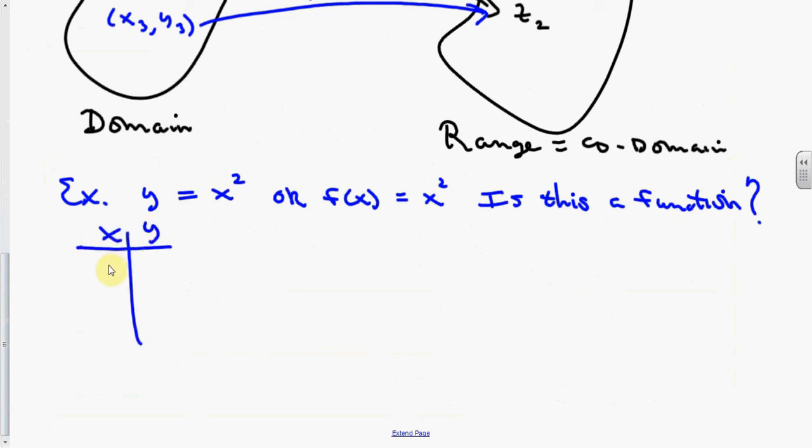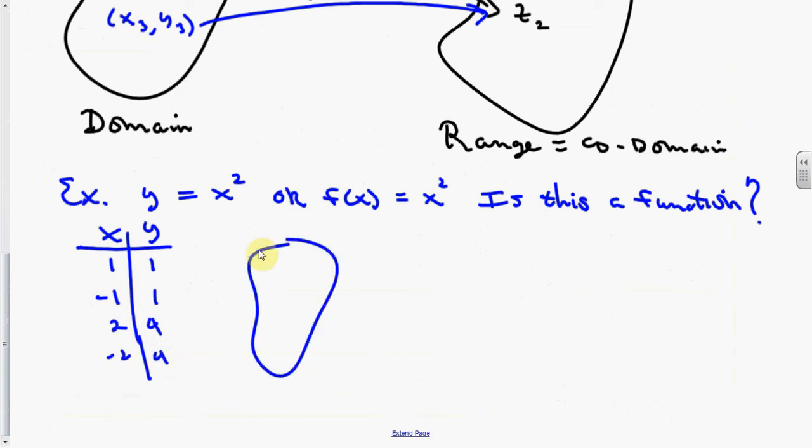If, say for example, you take x to equal 1, we get 1 here. You take x to equal negative 1, you get 1 there. That's fine. 2 goes to 4. Negative 2 goes to 4. Let's look at that.